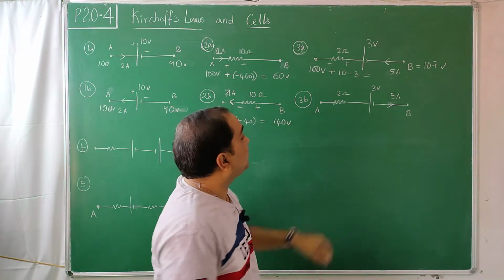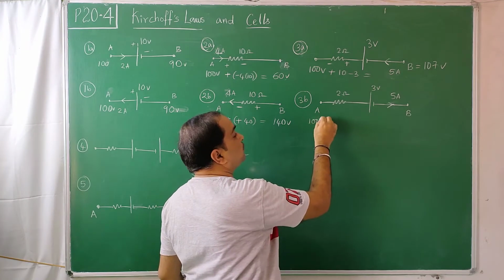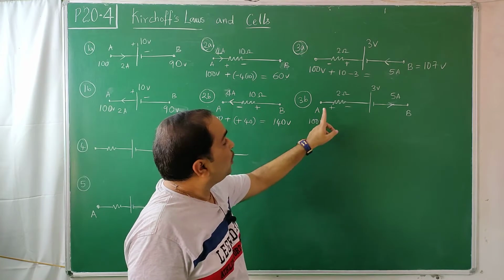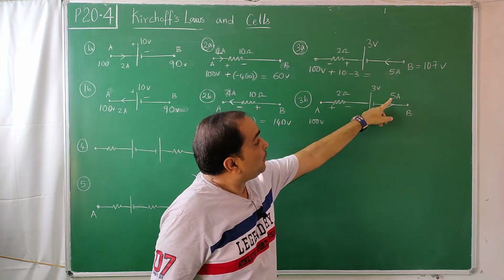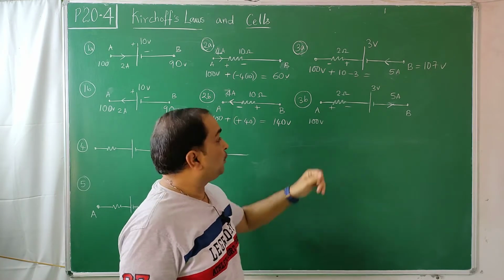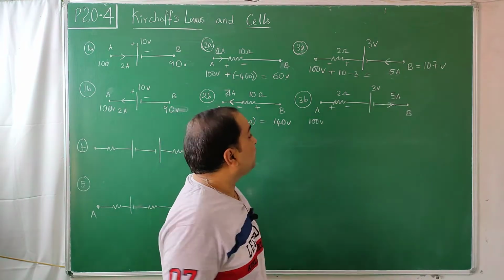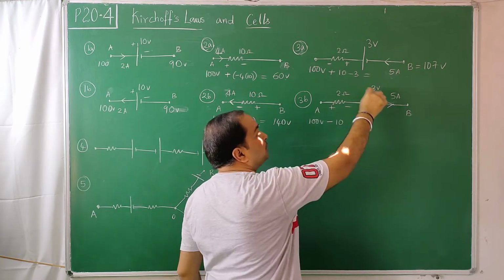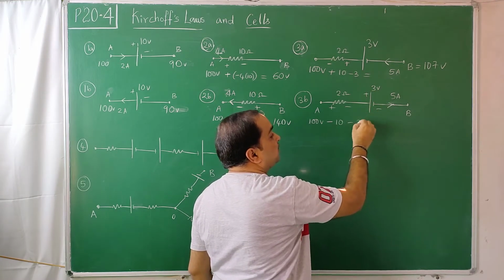Now current is going like this. Say A is 100 volts. This is plus, this is minus. Current goes from high potential to low potential. So 5 amperes of current is flowing through this part of the circuit. It's a part of the circuit, not the full circuit. 5 2s are 10. Plus 2 minus is a drop, minus 10. And 3 volts also, there is a plus 2 minus, there is a drop, minus 3.